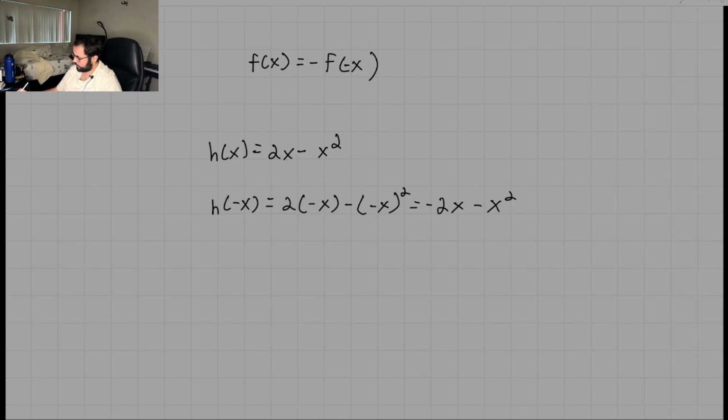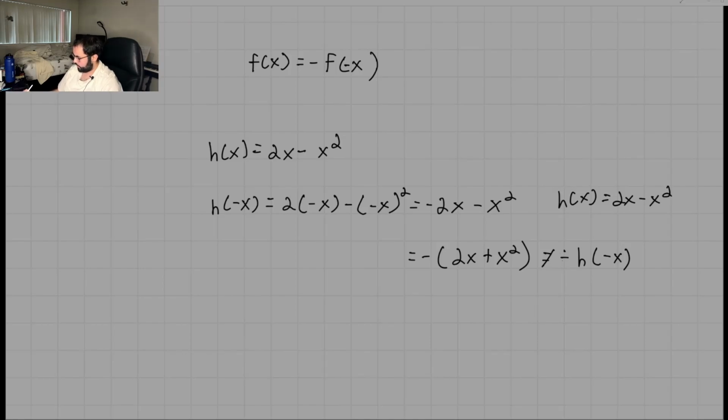If we take out the negative from this output, then we get negative of 2x plus x squared. This is not equal to the negative of h of negative x. It's not equal to it. Notice that h of x is equal to 2x minus x squared.